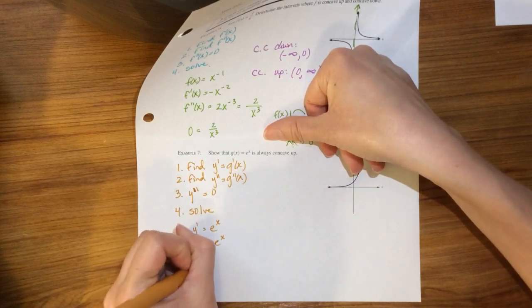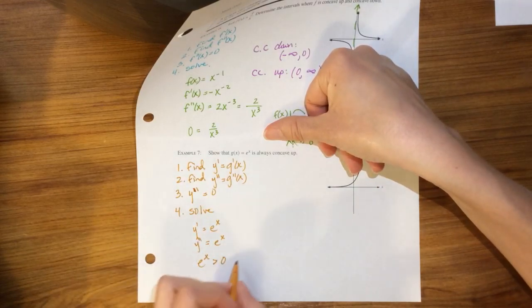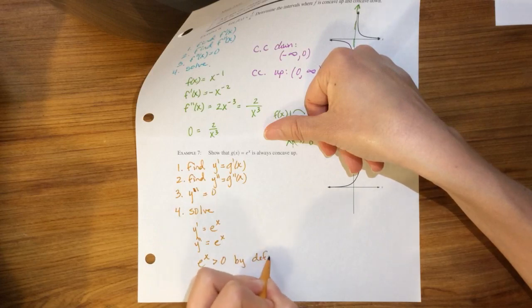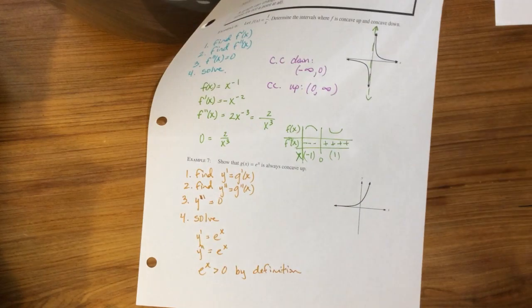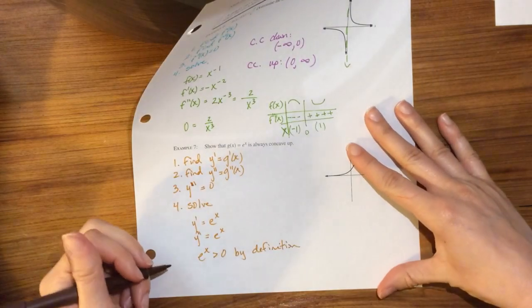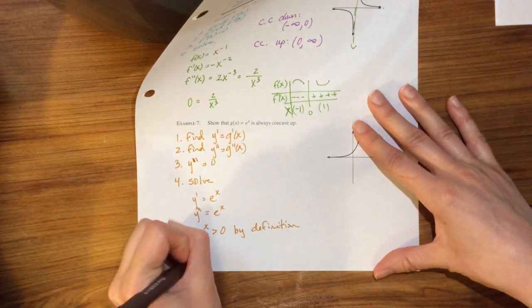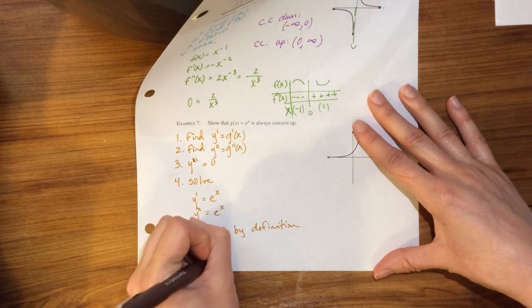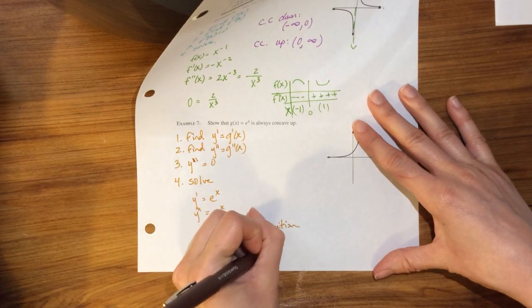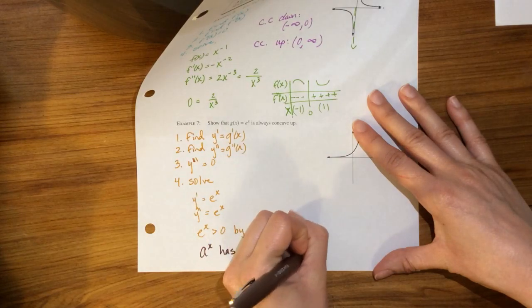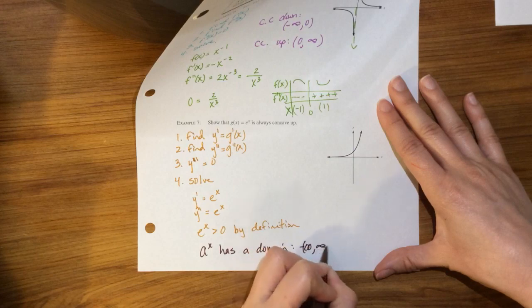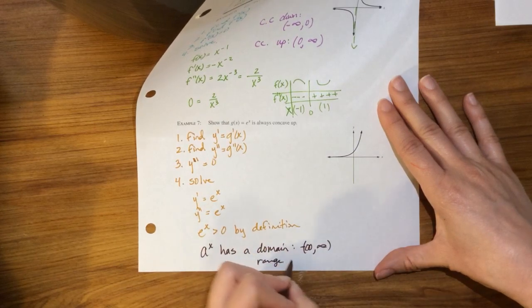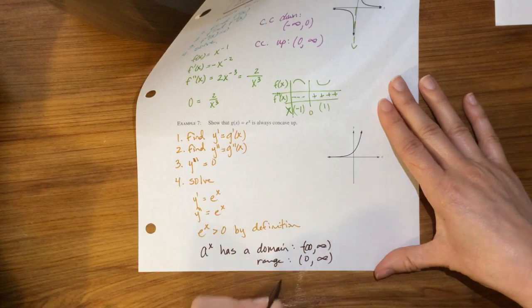But now, e to the x is always greater than 0 by definition. Remember, for all exponentials, a to the x has a domain of -infinity to infinity and a range of 0 to infinity.